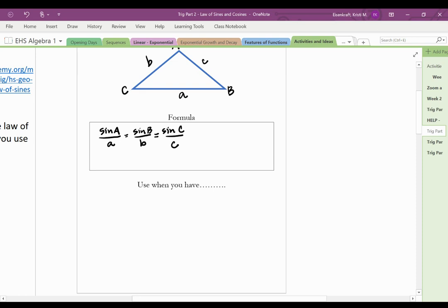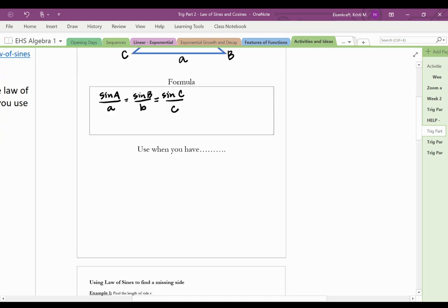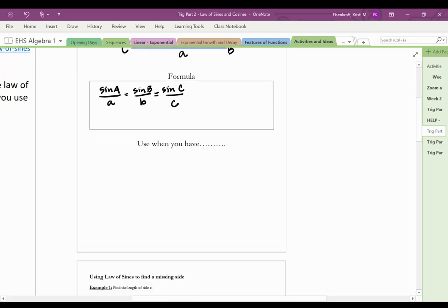So when can you use this, or what do you need to have in order to use this? Well, this is good for any triangle. You don't have to have a right triangle. It does work for right triangles, but it can be any triangle. And here's what you need to know. You must have an angle and its opposite side.